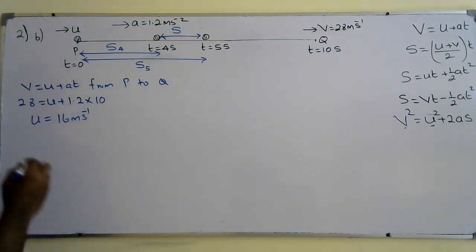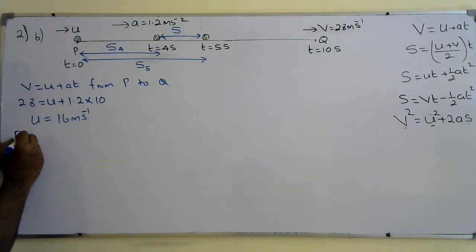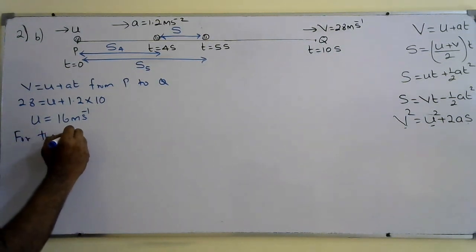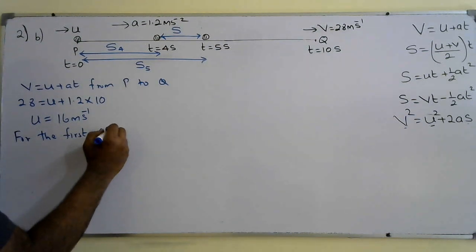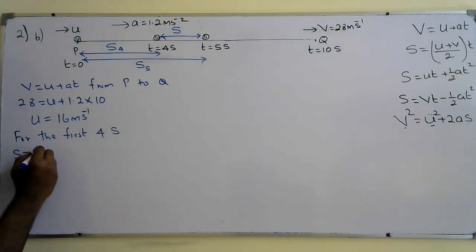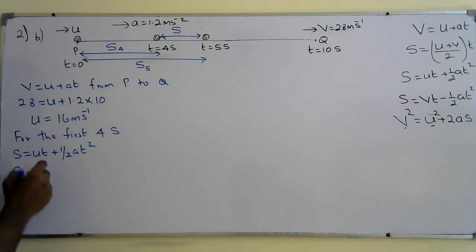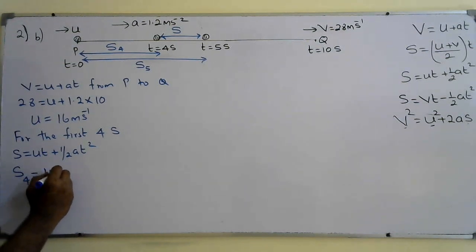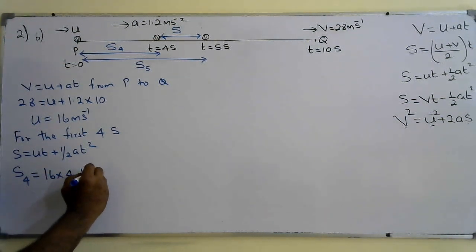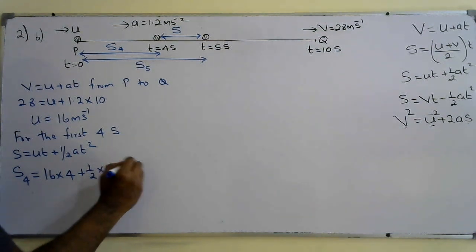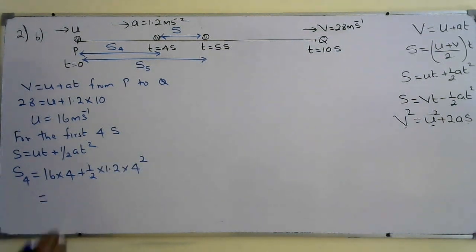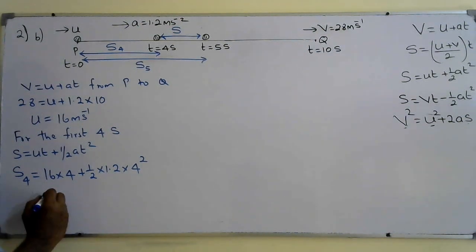That's all, easy. So we consider the first 4 seconds, S equals ut plus half at squared, that is S4. The speed u, I found it to be 16, into 4 plus half into acceleration 1.2 into 4 squared. So S4 will be equal to 73.6 meters.